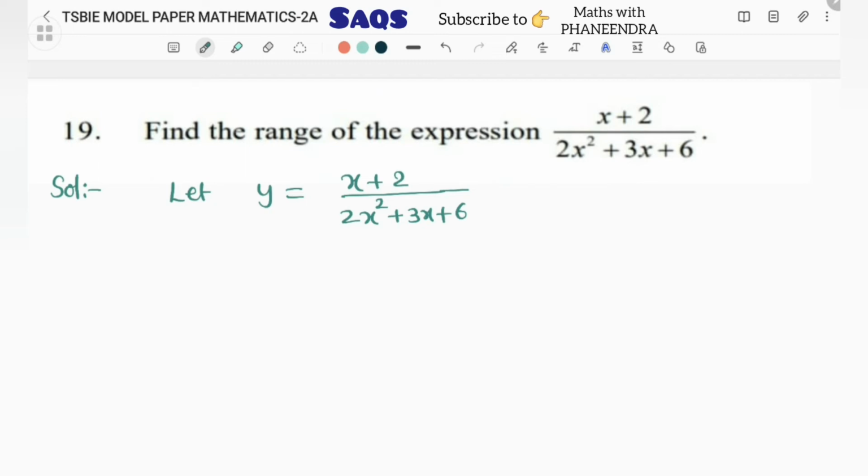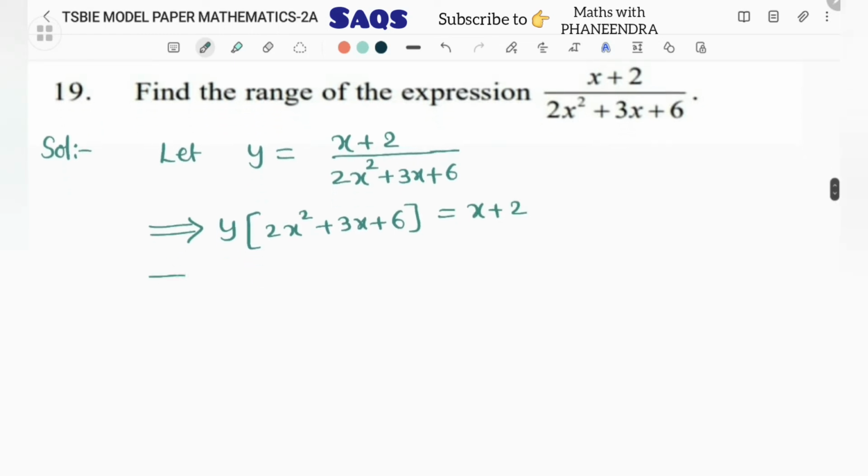Now cross multiplication. So y into 2x square plus 3x plus 6 is equal to x plus 2. So 2x square y plus 3xy plus 6y, that x plus 2 also we are taking this side, minus x minus 2 equal to 0.